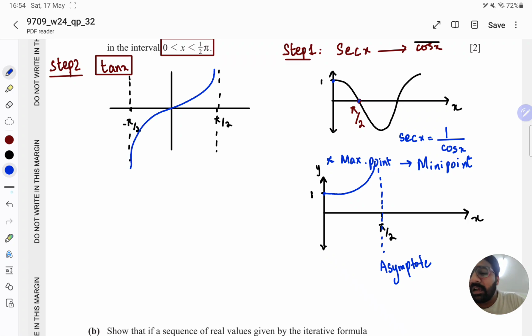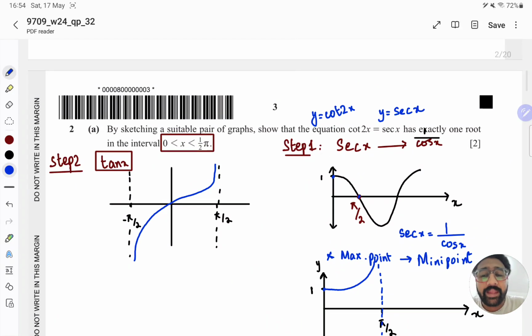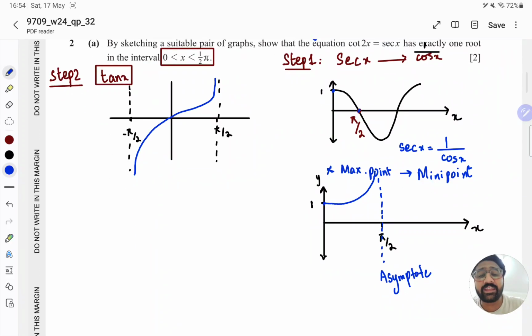So this is how the graph is going to look, but you can all see this is cot 2x, so I have to change this into tan 2x.